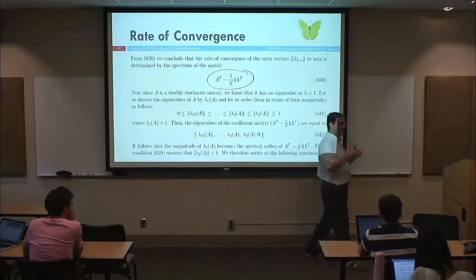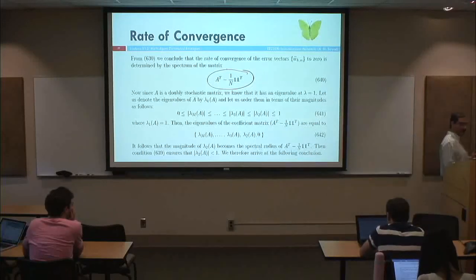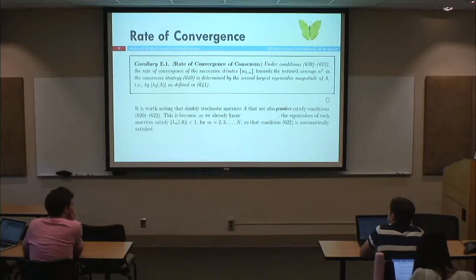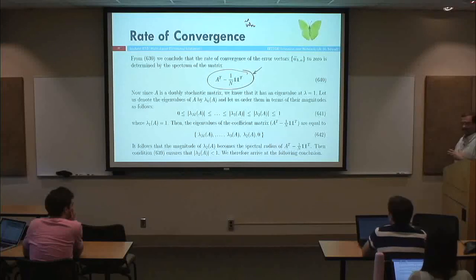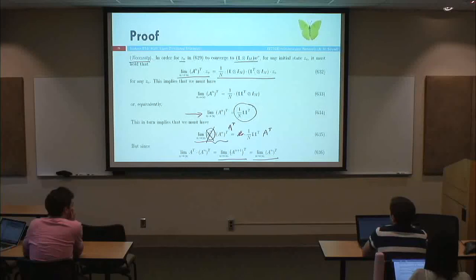I'm just restating that condition in this other form. And remember that W tilde was converging to 0 at a rate that is determined by the eigenvalues of this matrix, right? Didn't we show that? Here.